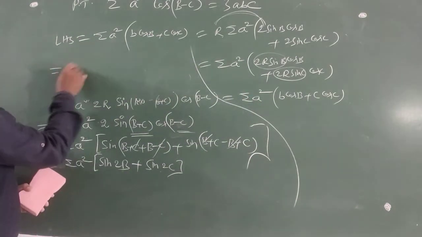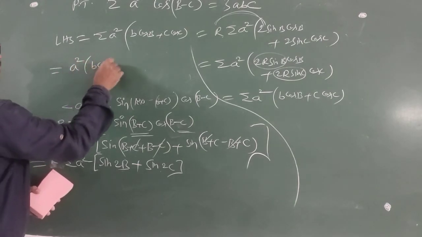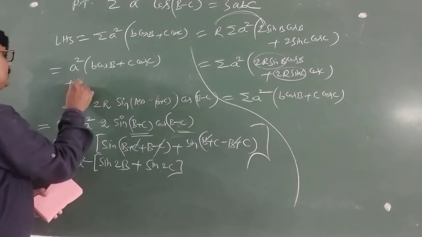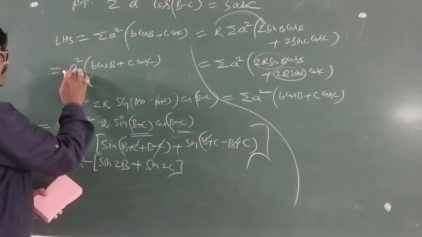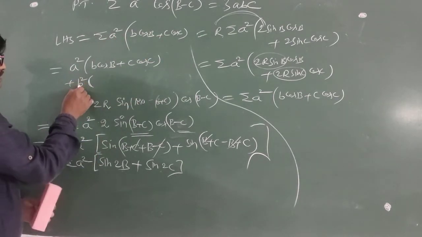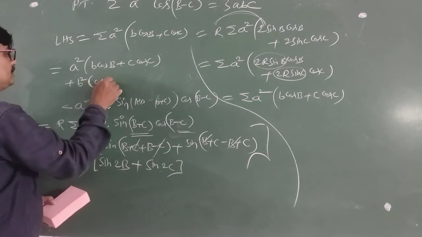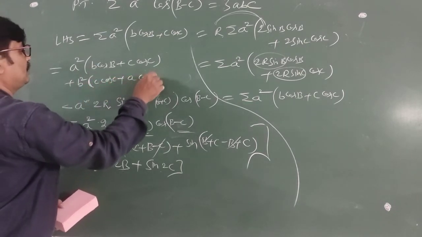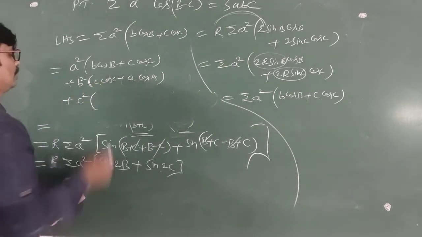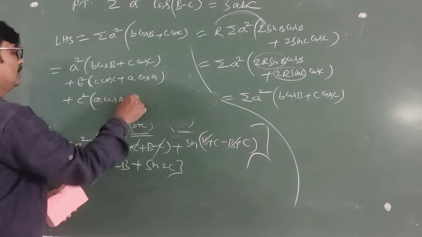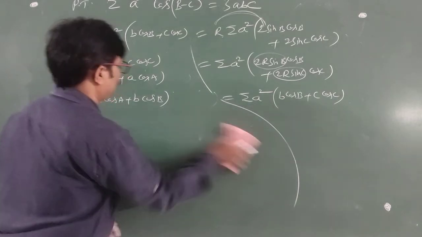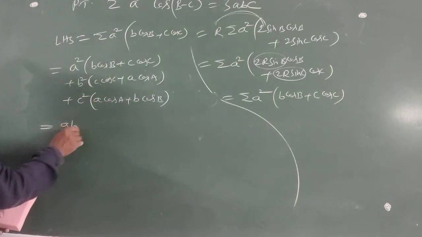Now we can remove the sigma first. A square (b cos B plus c cos C). After that we can write b square, that is first you can take a square (b cos B plus c cos C). After that, replacing a by small b, students, (c cos C plus a cos A). After that we can write small c square (a cos A plus b cos B). Now students, here the first common factor is ab.